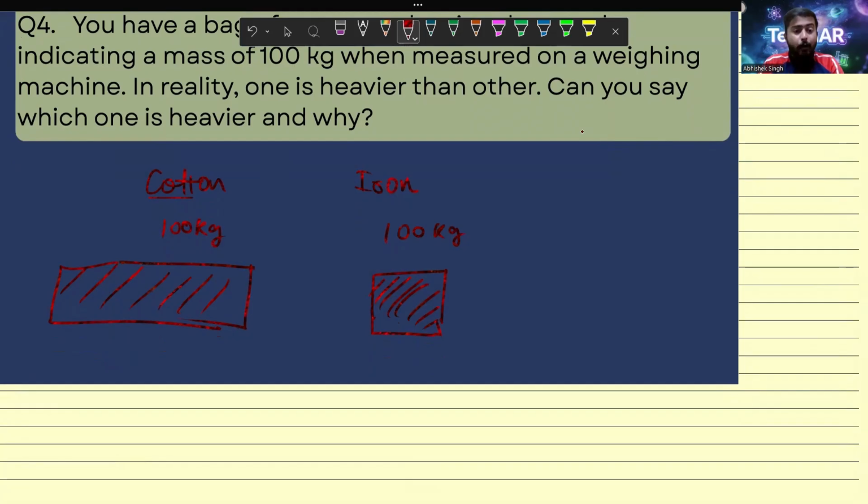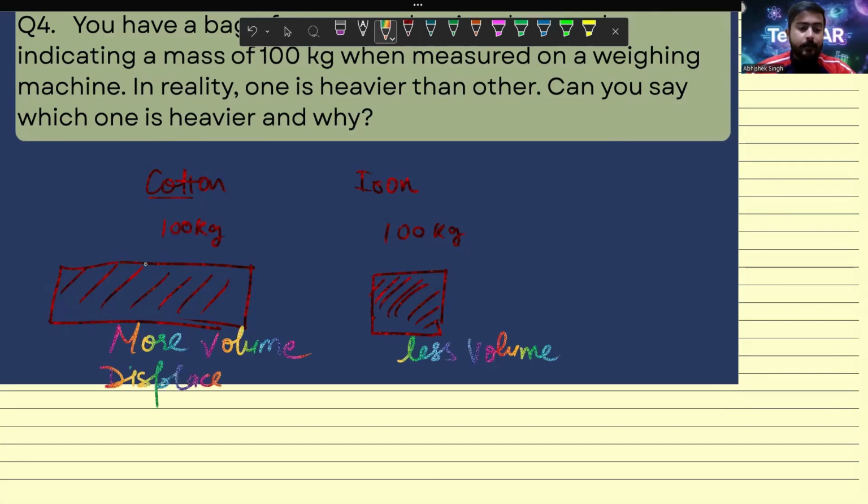So for the same amount of cotton and iron, the cotton will occupy more volume. Do you agree with me? Definitely, the cotton will occupy more volume as compared to iron. If more volume is occupied, it will displace more air.